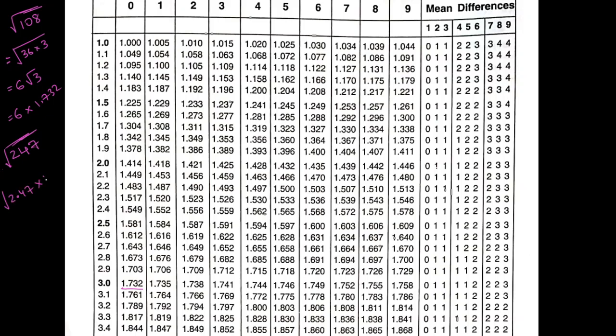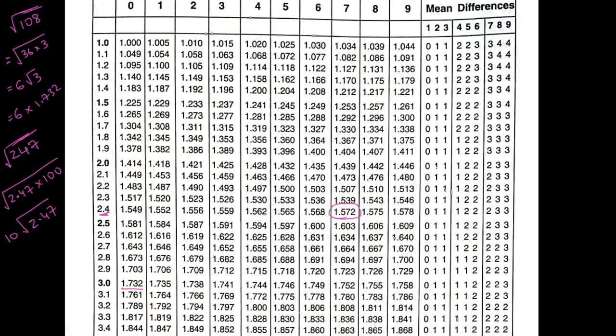2.47 into 100. Right now, we know the square root of 100 is just 10. So this becomes 10 into the square root of 2.47. And the value of the square root of 2.47 is what we take from the table. Okay, so 2.47, we have 2.4 over here. 2.47 will be this value under the 7 column.